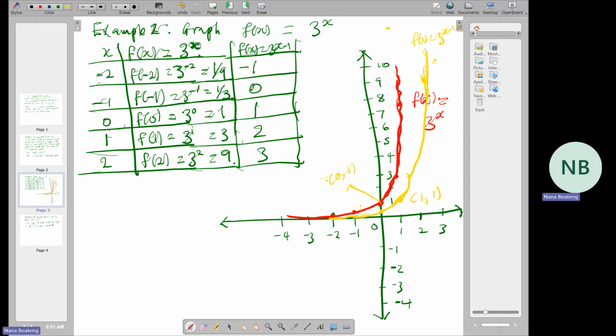This point, the original was -1 and 1/3, whereas the new one is 0 and 1/3.